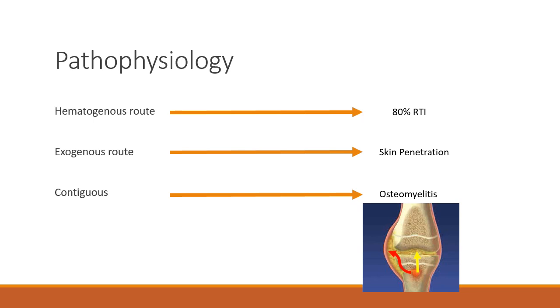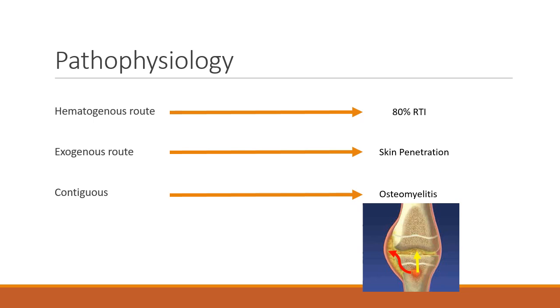Or, if the metaphysis is an intracapsular structure, a horizontal spread of osteomyelitis can go toward the cortex and enter the joint.